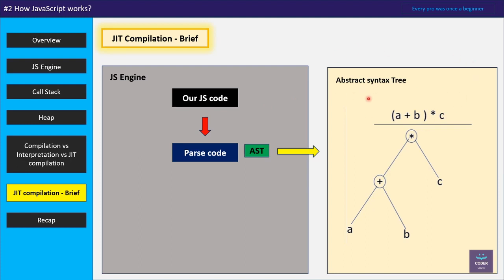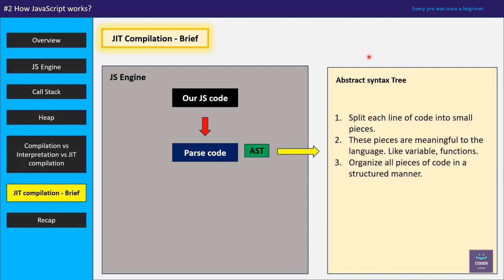Those structures are understandable by the JavaScript engine. So here I added an example, an addition and a multiplication program. Initially it will do addition, then it will do multiplication. I will explain clearly one by one what it will do.